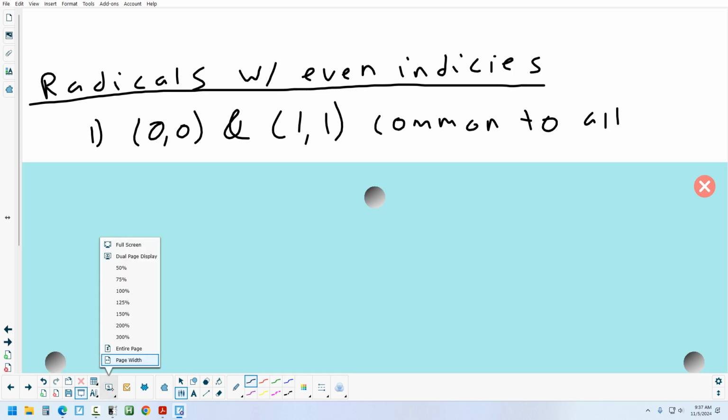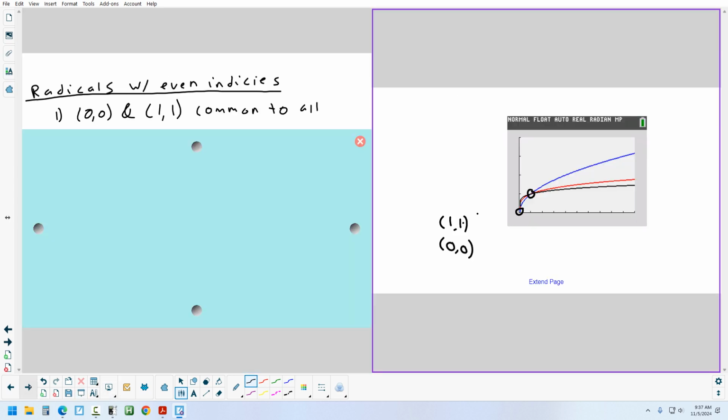Okay, the other thing I want to look at is the domain. These graphs only went to the right. So when you're dealing with a square root function, or a 4th root, or a 6th root, or an 8th root, any root that's even, what's the smallest number that I could plug in for x? 0.